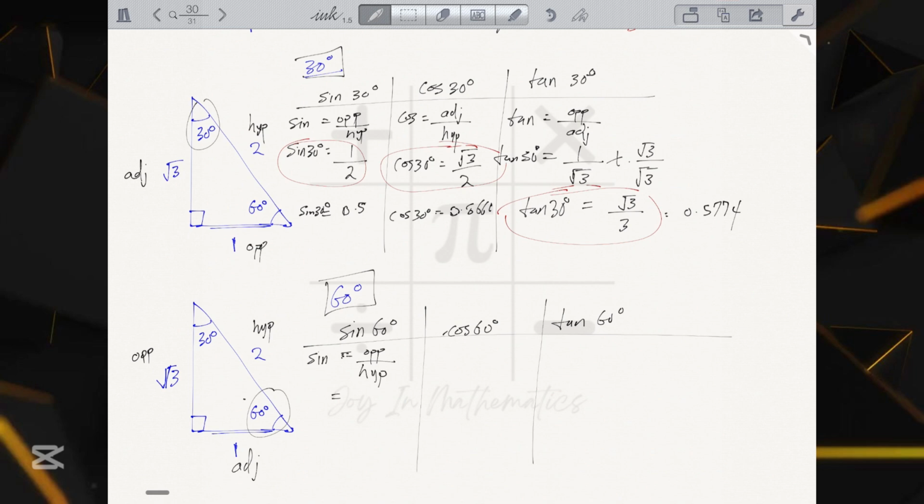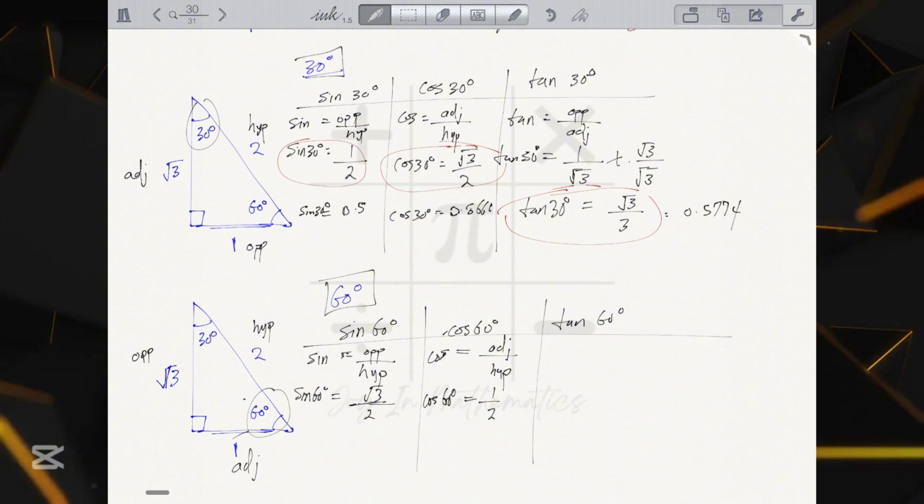So this means our opposite is root 3, so sine 60 degrees is equal to root 3 divided by 2. Moving on, we want to evaluate cos. We understand that cosine is equal to adjacent over hypotenuse. So therefore our cos 60 degrees will be equal to the adjacent, which is 1, over the hypotenuse, which is 2.